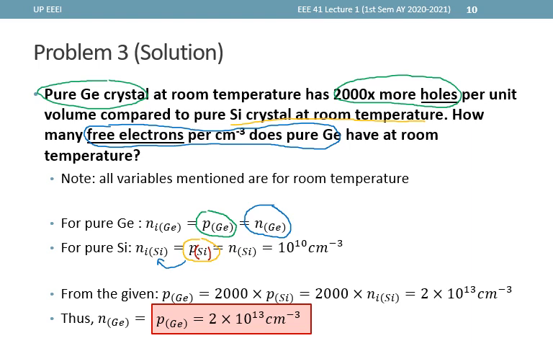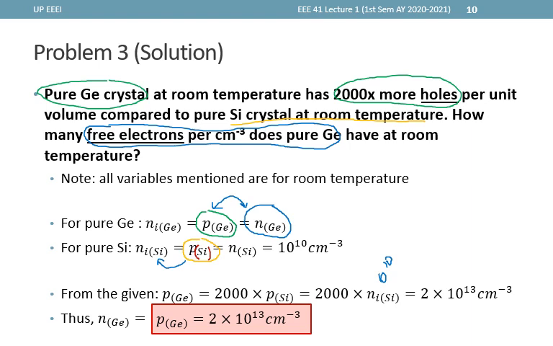So 2,000 times 10 to the 10 will simply give us 2 times 10 to the 13. And since P for germanium is 2 times 10 to the 13, then N would just be simply equal also to 2 times 10 to the 13.